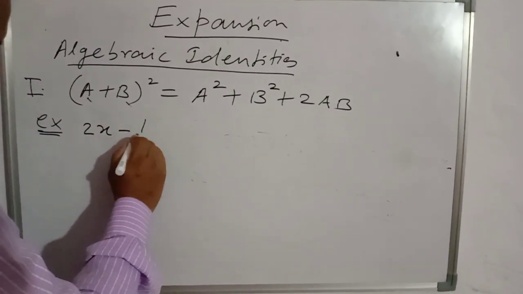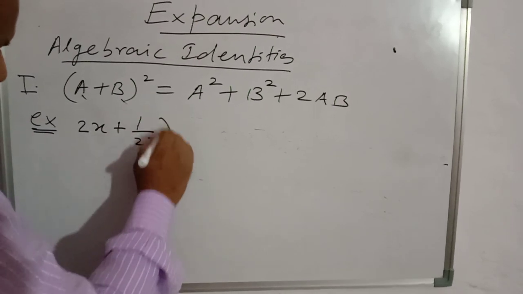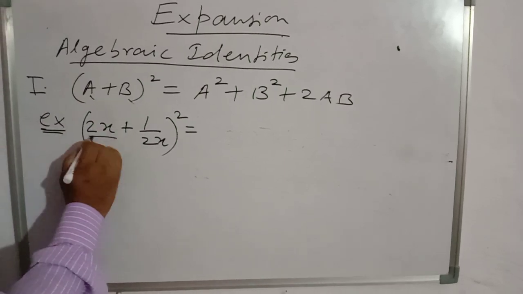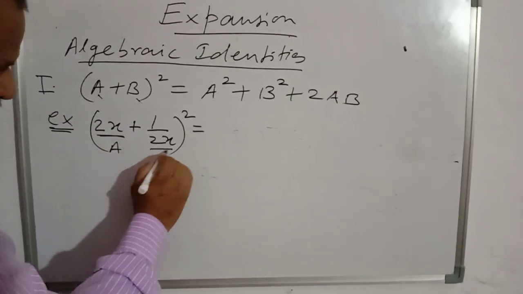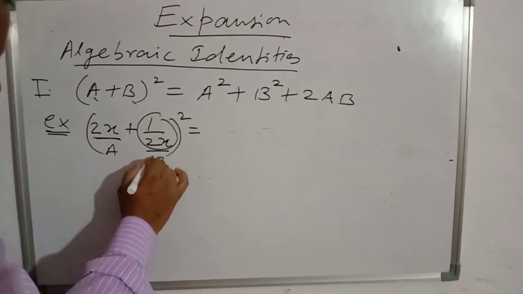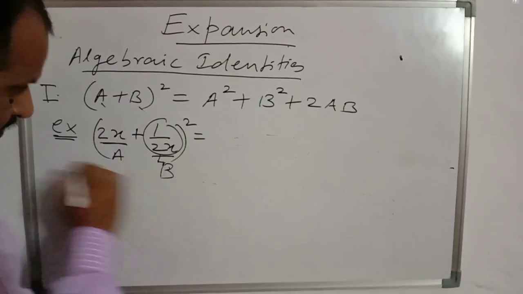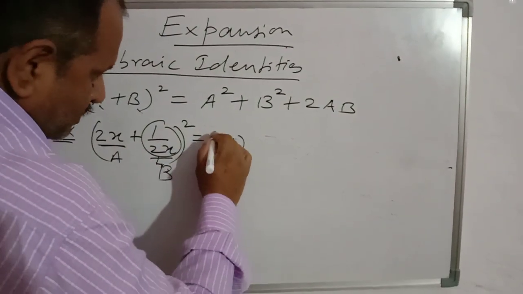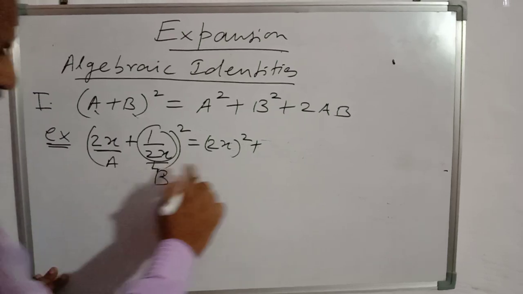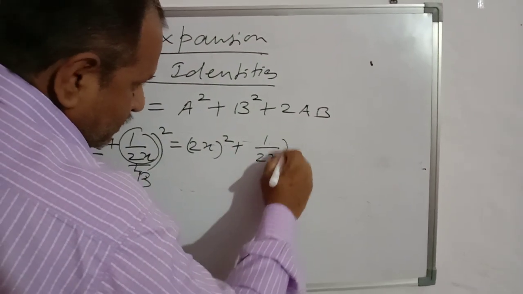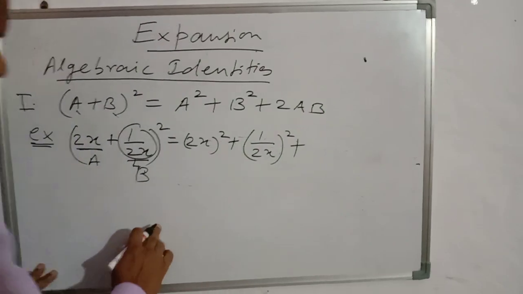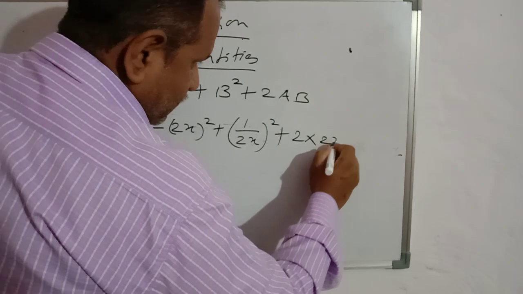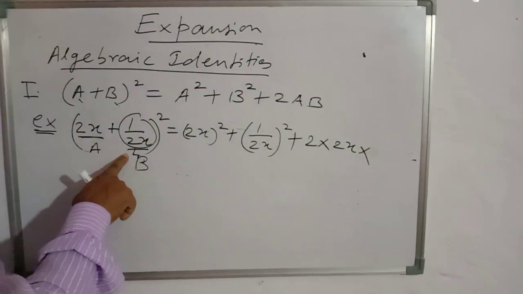2x plus 1 by 2x whole square. What is a here? a is 2x and b is 1 by 2x, whole 1 by 2x is b. So put here in place of a 2x whole square plus b square, that is 1 by 2x whole square, plus 2 into a, which is 2x, into b, which is 1 by 2x.